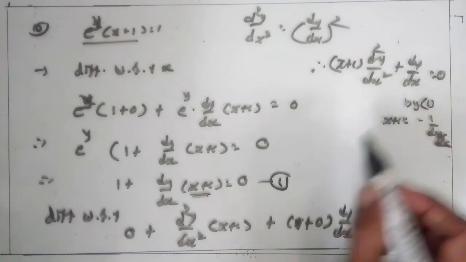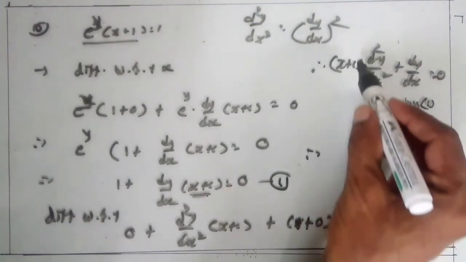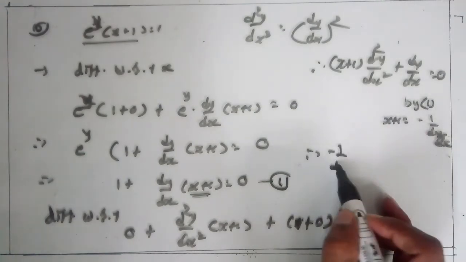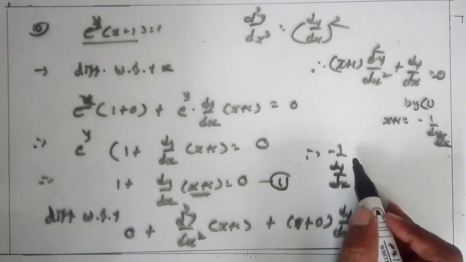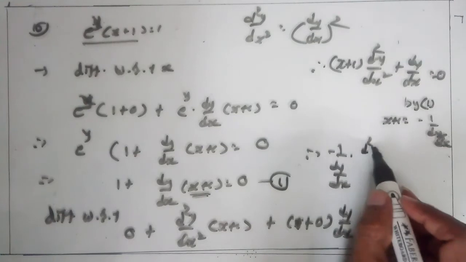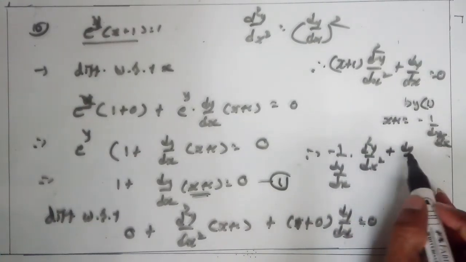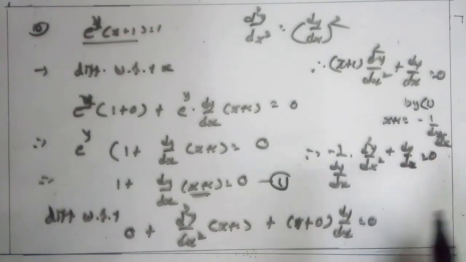So by 1 this becomes, in place of x + 1 write this: minus 1 upon dy/dx into d²y/dx² + dy/dx = 0.